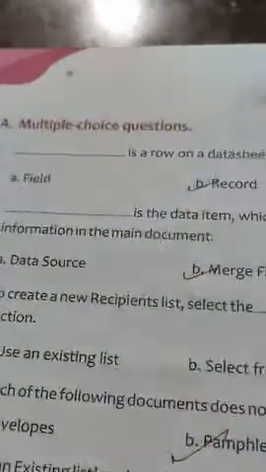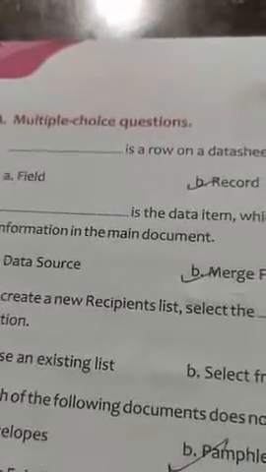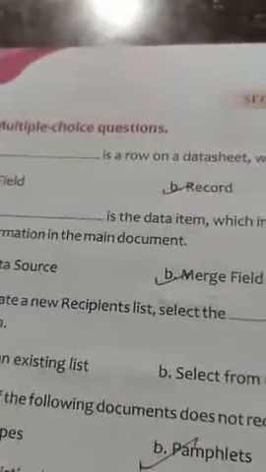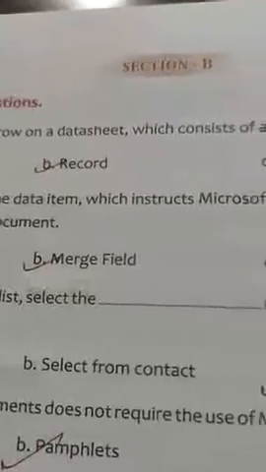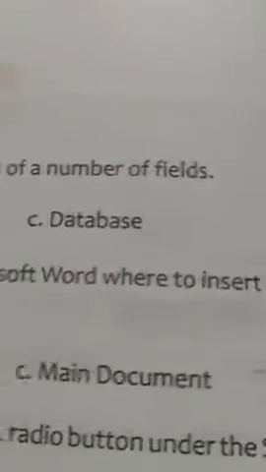And now MCQ, multiple choice questions. First, the dash is a row on a data sheet which consists of a number of fields. Answer is record.